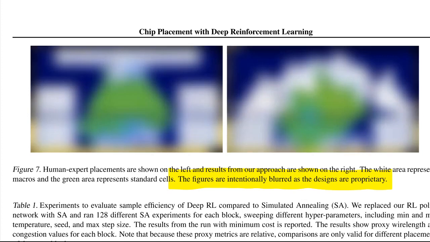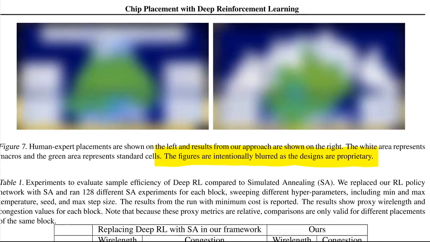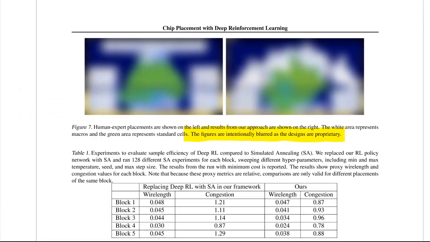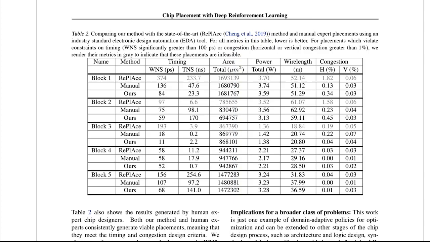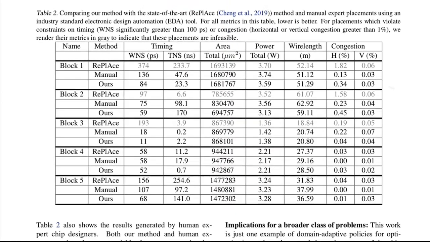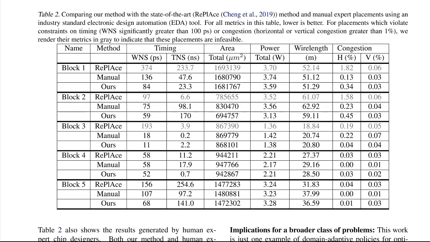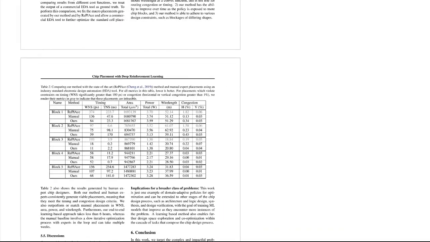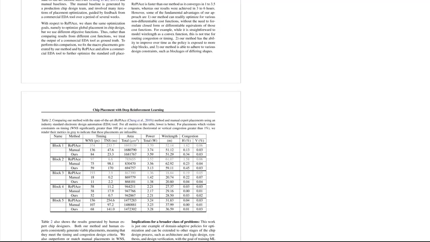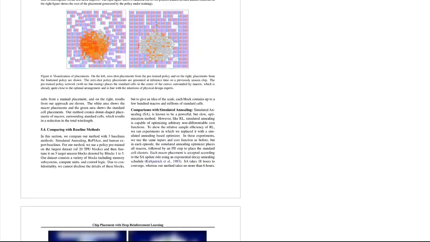Like, why do you put them? Clearly, I couldn't even judge if they're super crisp. Yeah, all right. I guess it's their trade secret. So they compare this with the standard algorithms for these things, and not only are they faster, they're also better on the metrics.